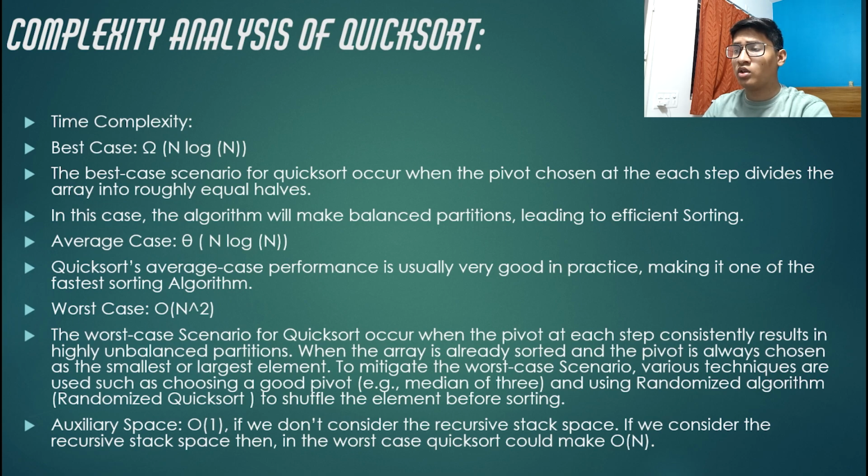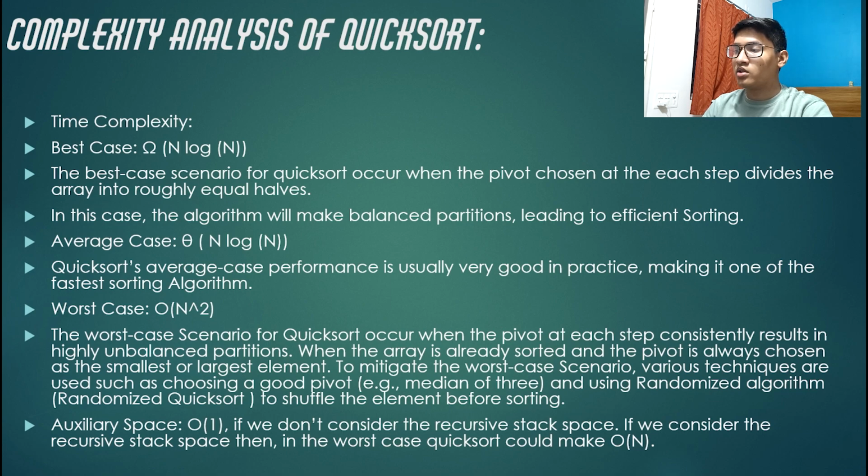The worst case occurs when the pivot at each step consistently results in highly unbalanced partitions, for example when the array is already sorted and the pivot is always chosen as the smallest or the largest element.